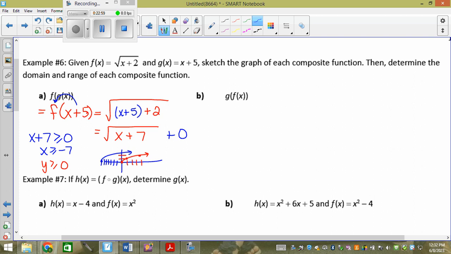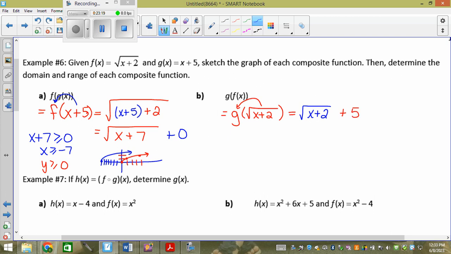What about g of f of x? So now we have g of square root x plus 2. So now square root x plus 2 goes in for the x's in g. So I'm going to get square root x plus 2 plus 5.